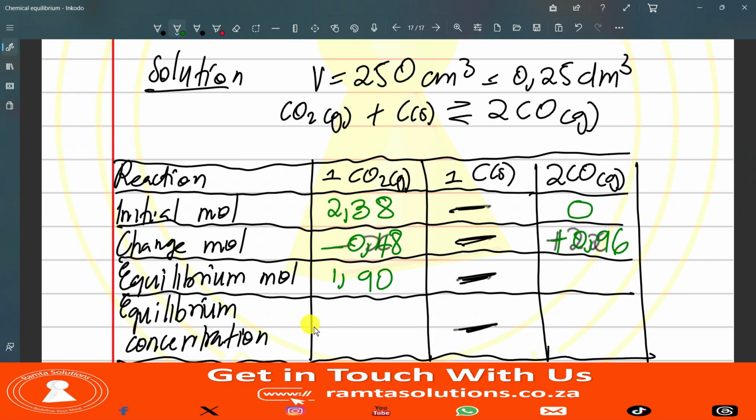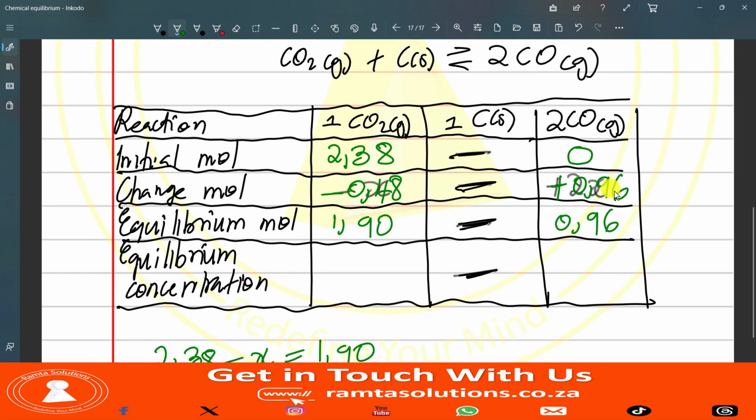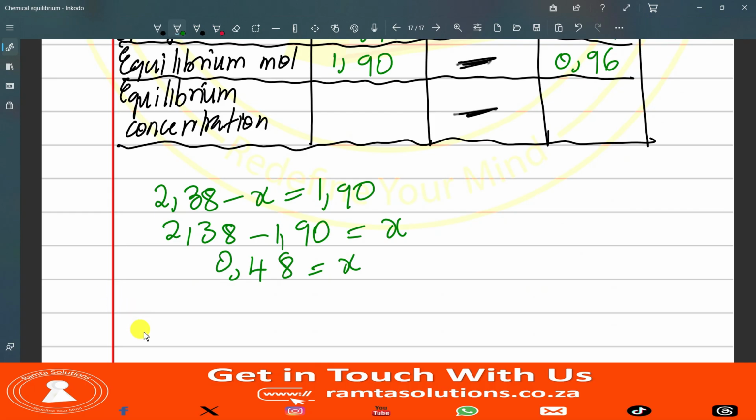What is the equilibrium mole? It is 0.96. You recall the volume of your container is 0.25 cubic decimeters. Now, you know that concentration is number of moles over volume, right?